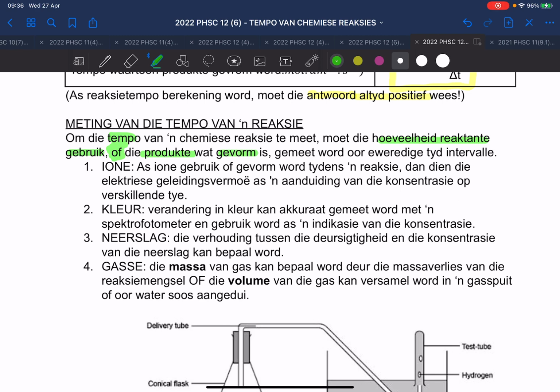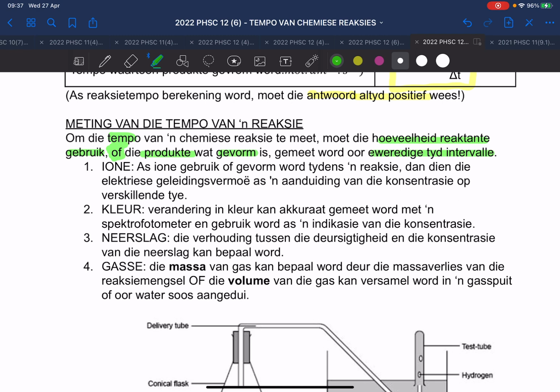Okay, so you measure the rate, you have to kyk of hoeveel reaktante word gebruik, how much of the reactants is used, or how much of the product is formed, and that is for a certain time interval that must be constant. So jy sê goed, ons gaan elke 10 sekondes dit meet. Every 10 seconds we measure one of the two.